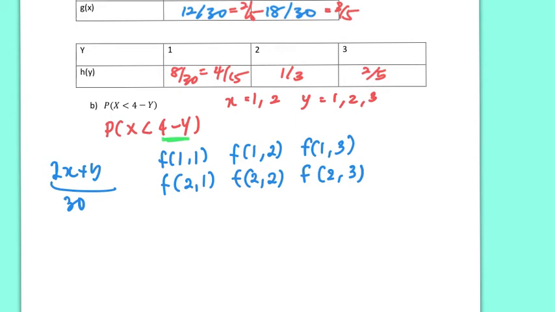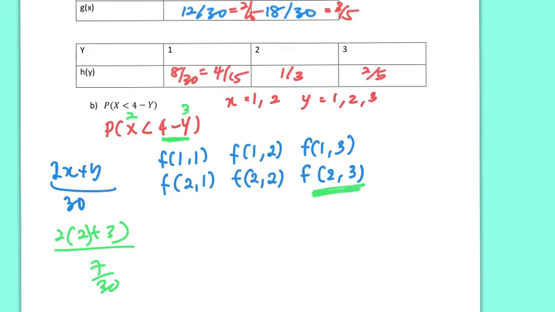So if you replace, for example, the last one here, we have 2 plus 3, so you're going to get 7 over 30.